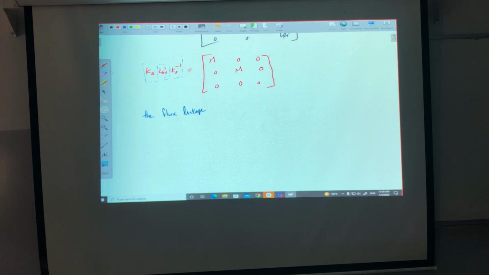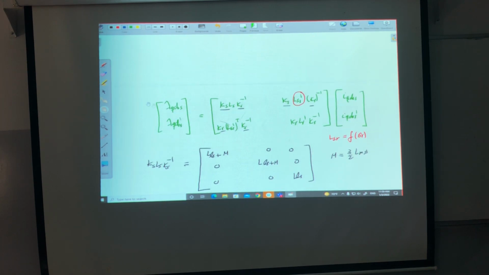And let's start with lambda QS. This is equal to what? Now simply, I will say that lambda QS will equal the first line of this matrix, which is LLS plus M multiplied by what? IQS, correct?